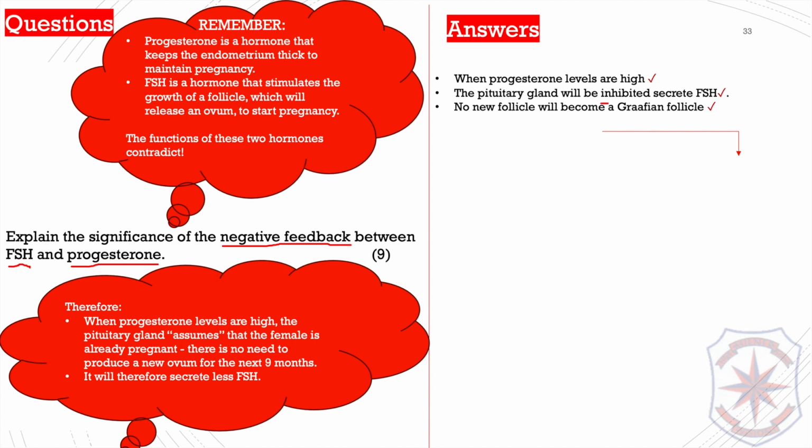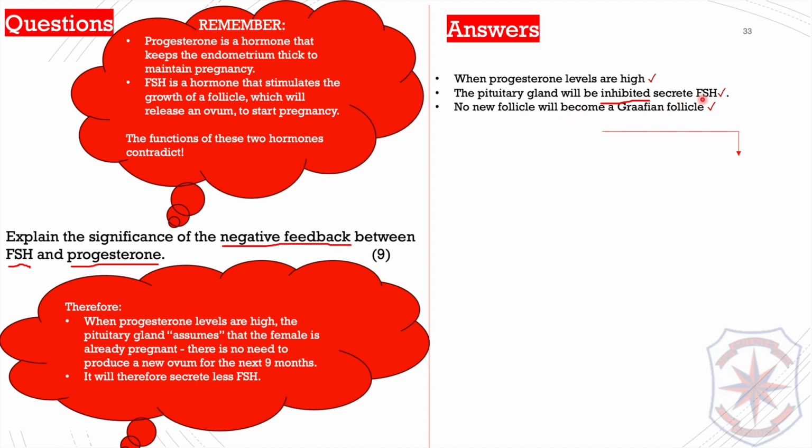I said that the word inhibit means to prevent or to stop. So when the progesterone levels are high, 1 mark, the pituitary gland will be inhibited to secrete FSH, or you can say it will be stopped or prevented to secrete FSH.